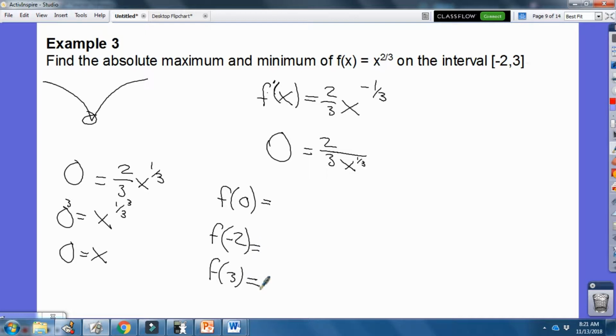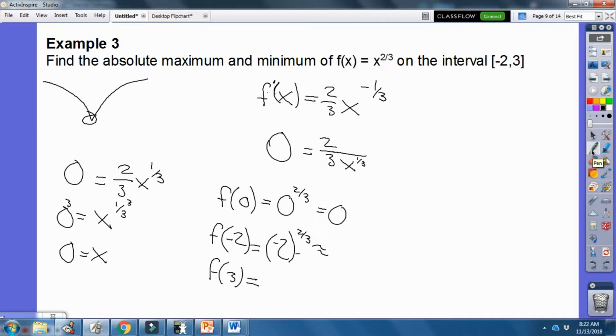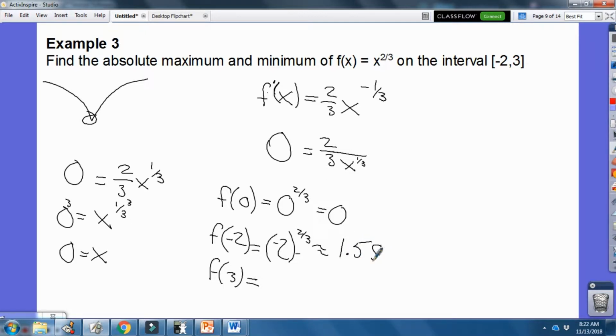f of 0 is clearly going to be 0. 0 to the 2/3 power equals 0. Let's also look at -2 to the 2/3 power. That is approximately 1.58740.